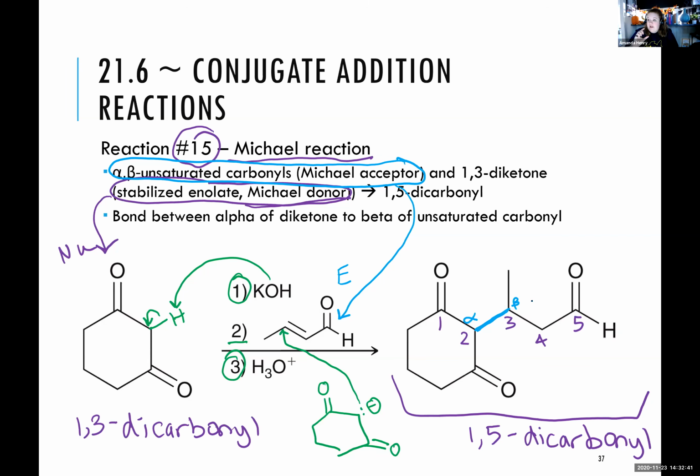So we formed that new bond between alpha and beta, and we lost the double bond. It seems like there's a lot to draw, a lot that can happen, but it really is just one bond that is combining together.